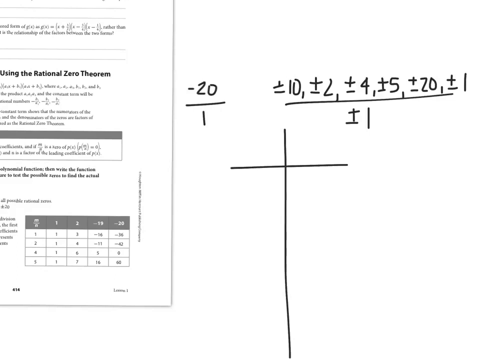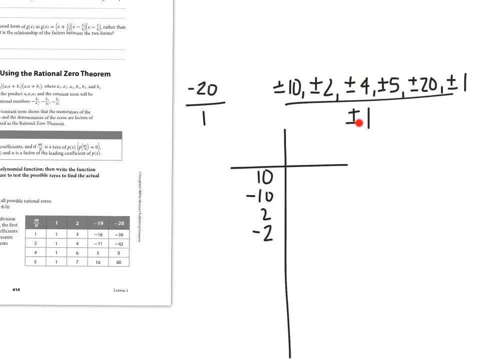All right, so now let's actually divide them. So what if I were to divide positive negative 10 by positive negative 1? What's 10 divided by 1? 10. So I have 10 and negative 10, because depending on how my signs work there. Okay, what about if I were to divide positive and negative 2 by positive and negative 1? What would I end up with? 2 and negative 2. Okay, same thing with 4.